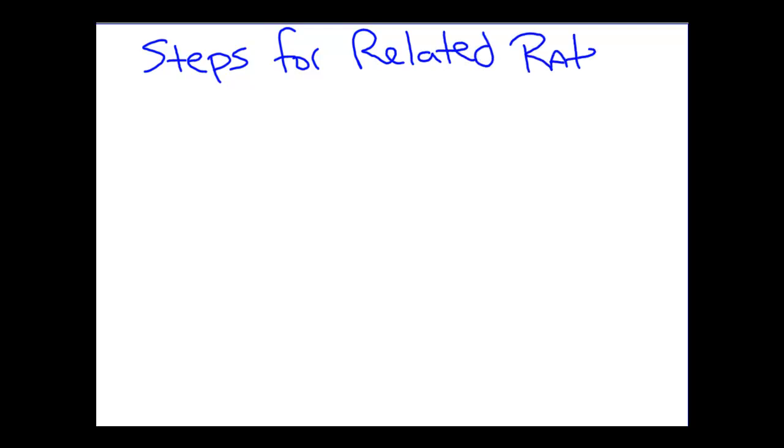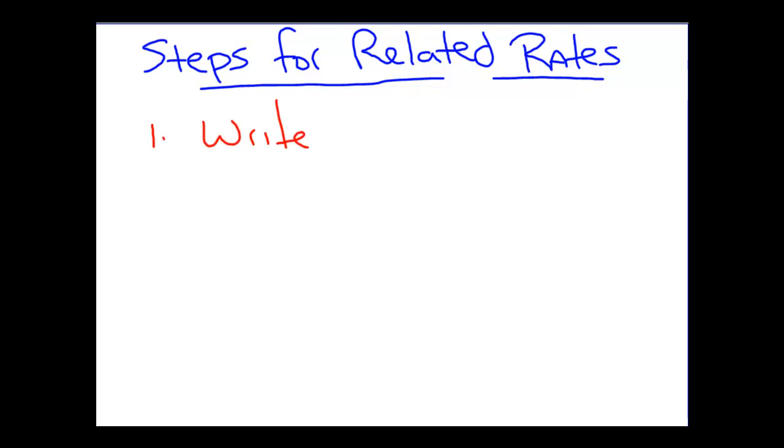And typically what we do, the steps for a related rate problem, if we want to write those out. Again, these problems can be very different depending on the kind of situation you're looking at. We'll see some further examples shortly. But the first step is to write a relationship relating the appropriate variables.